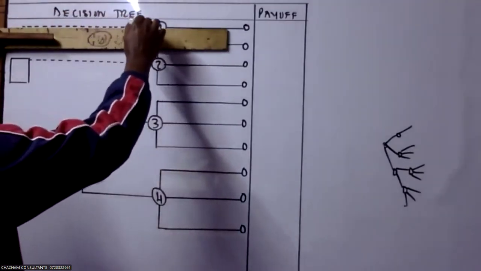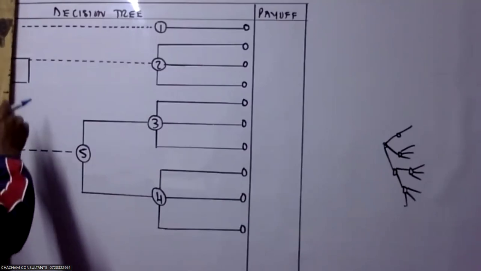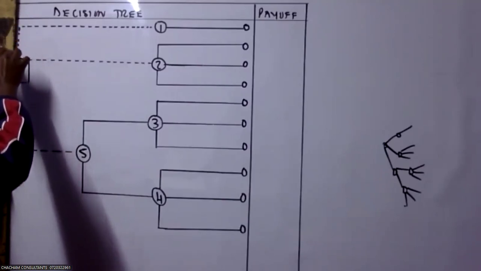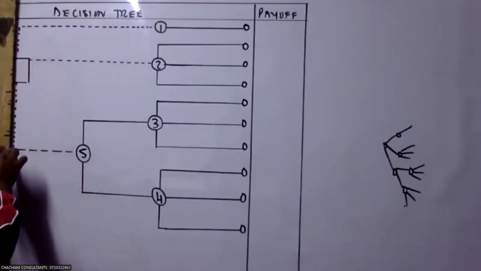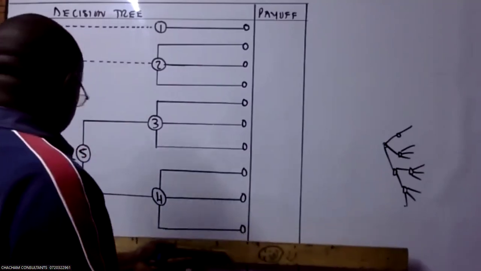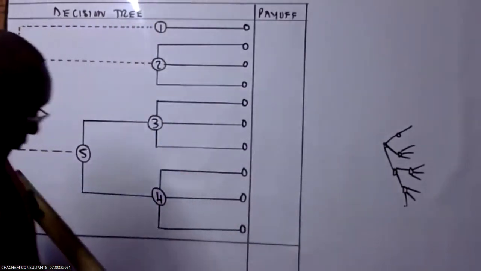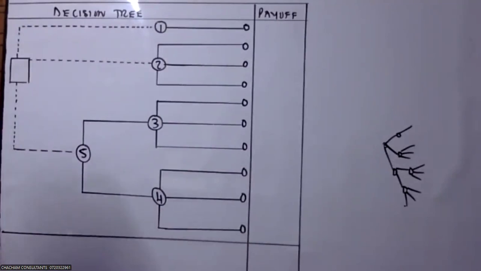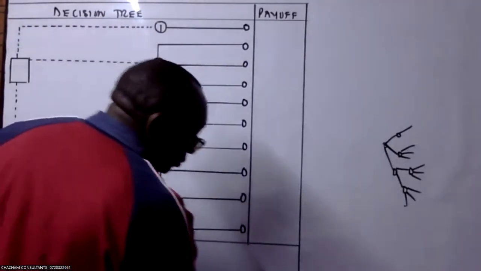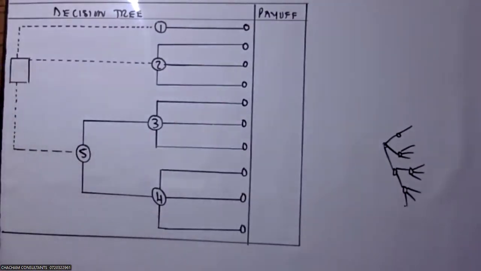I told you options. Options are drawn using incomplete rhymes.